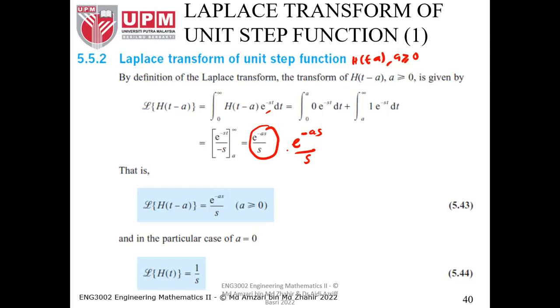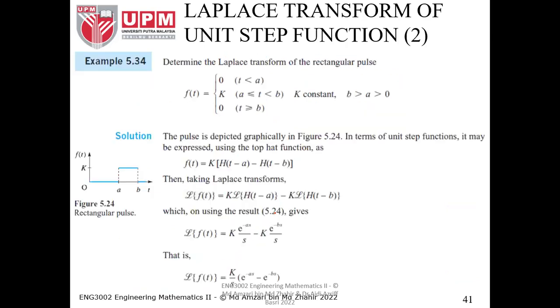So it is the same as the shift theorem. When you have the Laplace transform of h(t minus a), for example your a is 3, it will become exponent negative 3s divided by s. So this is the formula that you need to understand. But what happens when a equals 0? Then it will be 1 over s. Okay, this is similar to previously.